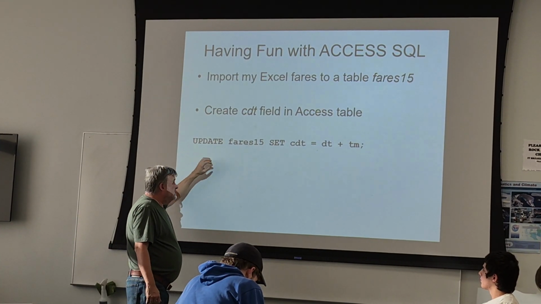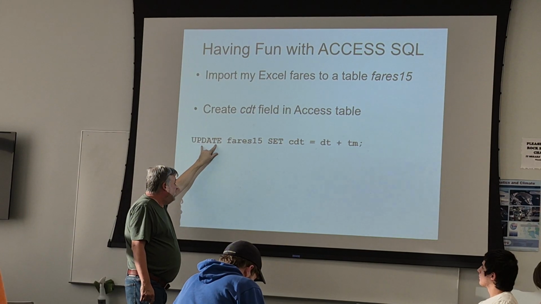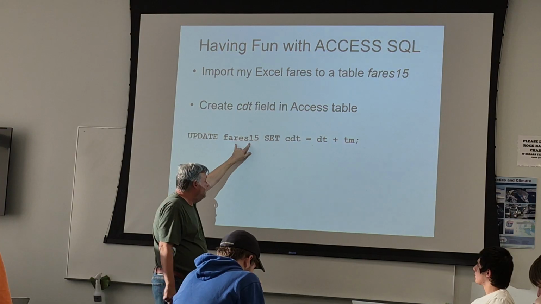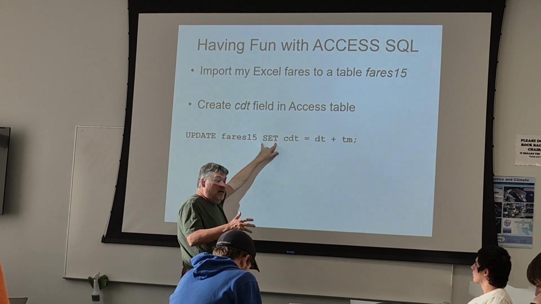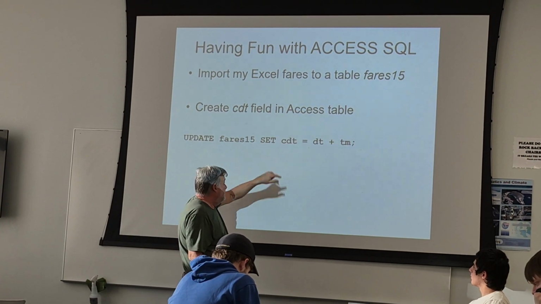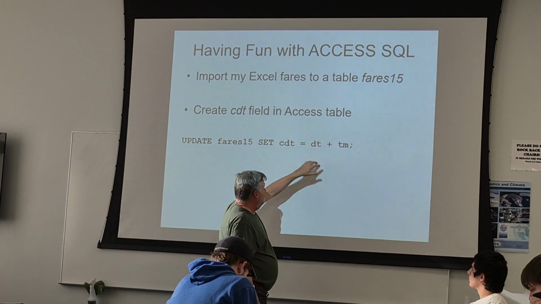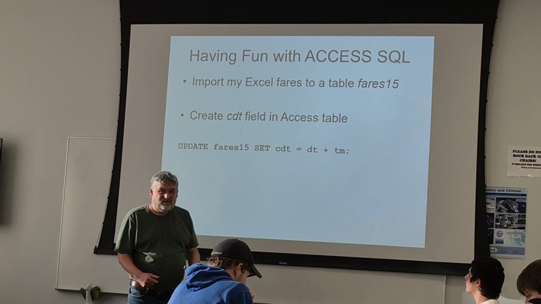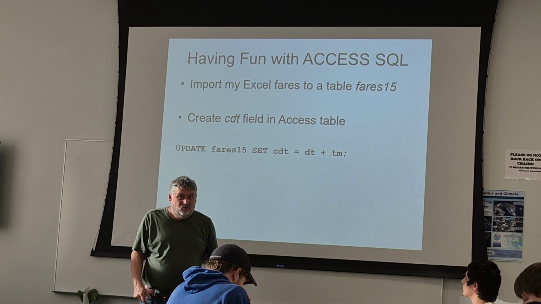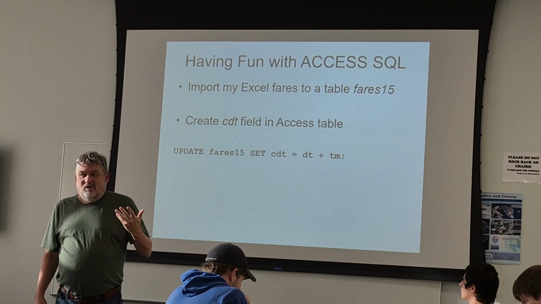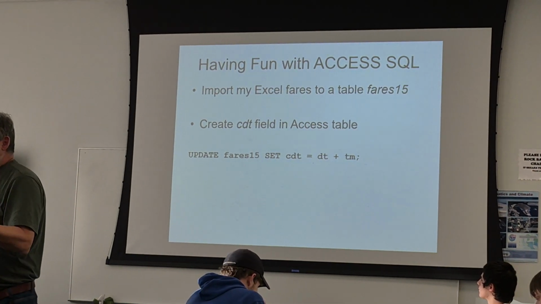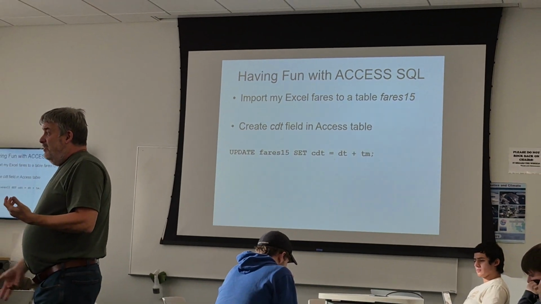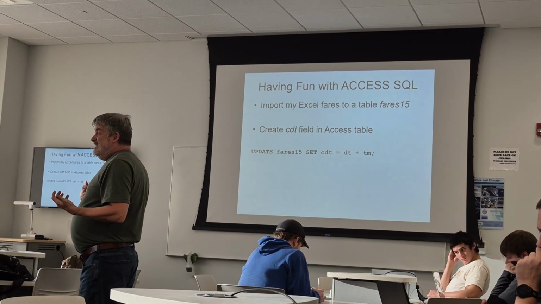And so the syntax for that is you use the update keyword, the name of the table that you're changing values in, and then set just says, this is an assignment statement. Make CDT take on the value of this thing here. And you can even put a where clause on there, so you're only updating certain rows. But here what I'm doing is basically updating all of the rows of a CDT column.